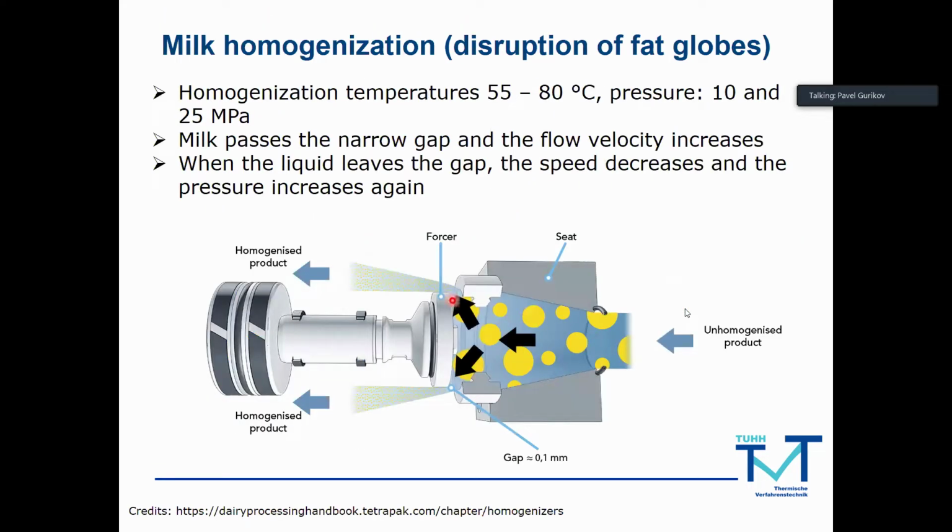In this example, the energy which is applied to all these big droplets is concentrated, so to speak, in a very, very small gap. So it already brings us to the very fruitful idea. Okay, if you want to do something homogeneously, maybe you take a very, very small volume and you concentrate all your efforts at this small volume.